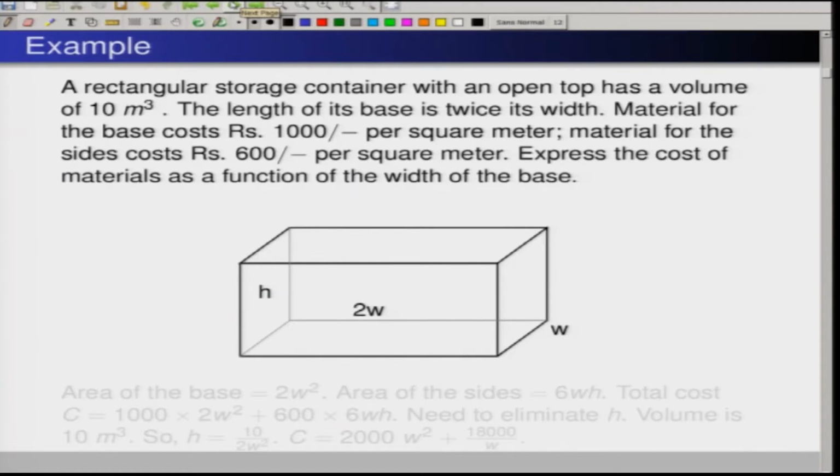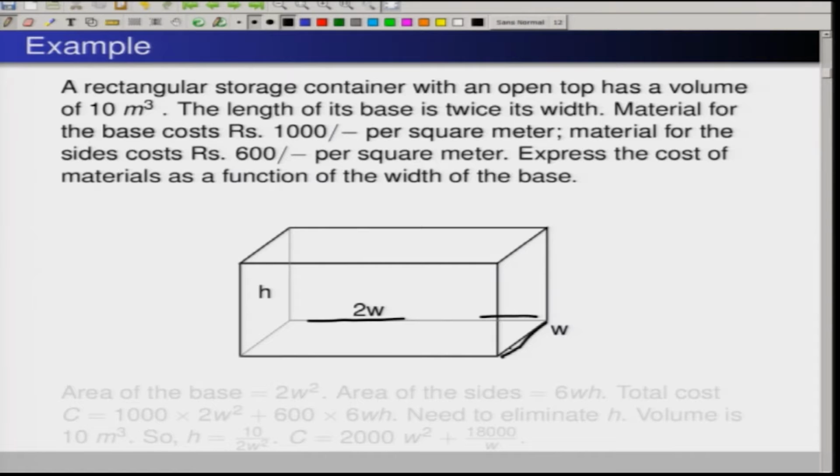It is given a rectangular storage container with an open top, which is a box, that has a volume of 10 meters cube. The length of its base is twice the width of its base.